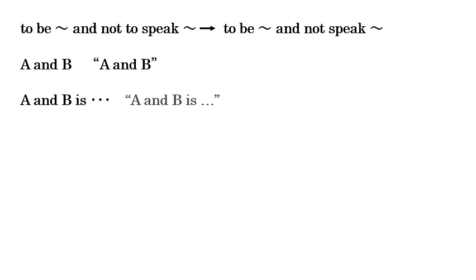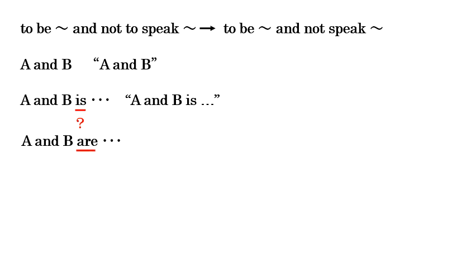But before we think about that question, let's consider the meaning of the following sentence. It means "A and B," right? Then what does this sentence mean? "A and B is," maybe. Since both A and B are in the subject position, "is" seems strange, doesn't it? "A and B are" would make sense.